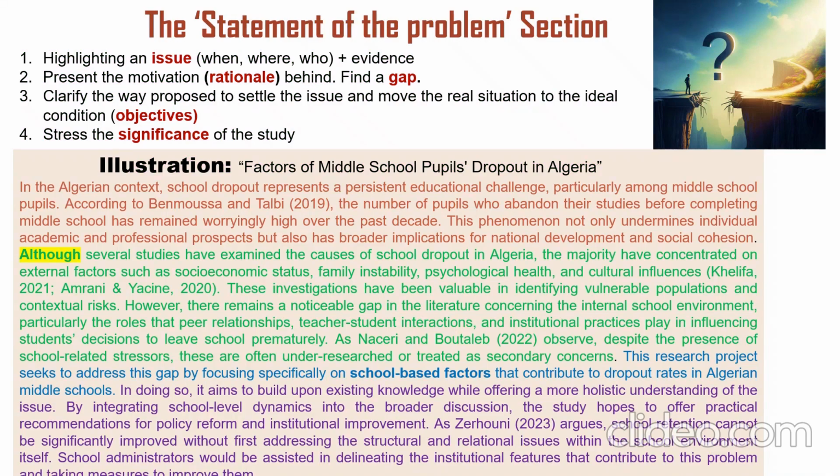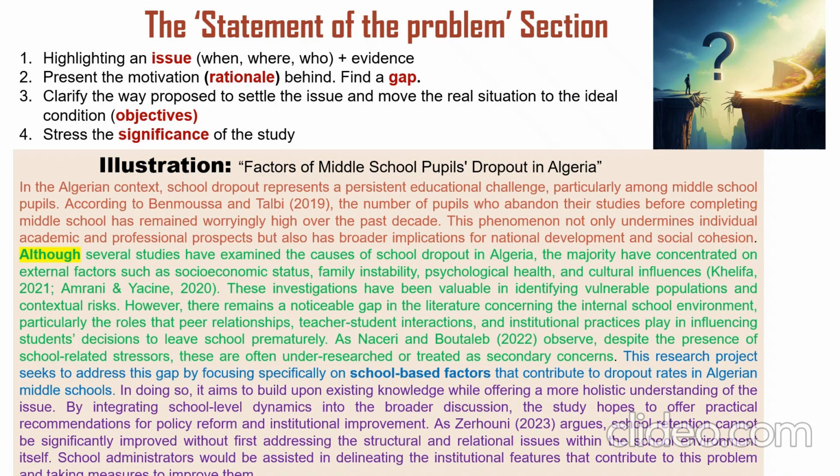According to Ben Moussa and Talbi, 2019, the number of pupils who abandoned their studies before completing middle school has remained worryingly high over the past decade. This phenomenon not only undermines individual academic and professional prospects, but also has broader implications for national development and social cohesion. This can be considered as the first part, the issue.